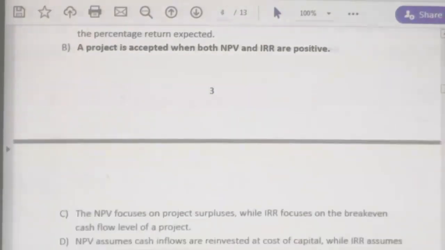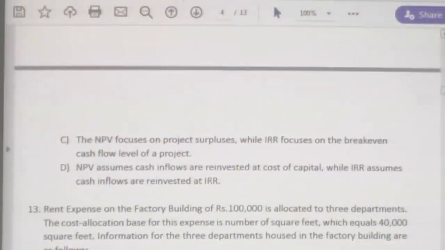Let's see the other two incorrect answers. The NPV focuses on project surplus. Yes, NPV gives you the additional present value you will earn. While IRR focuses on the break-even cash flow level of the project. Yes, IRR gives you the discount factor which gives 0 NPV.